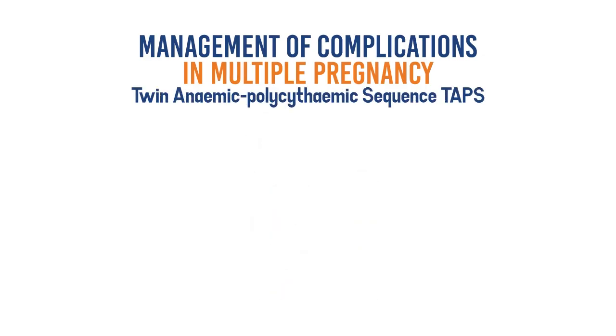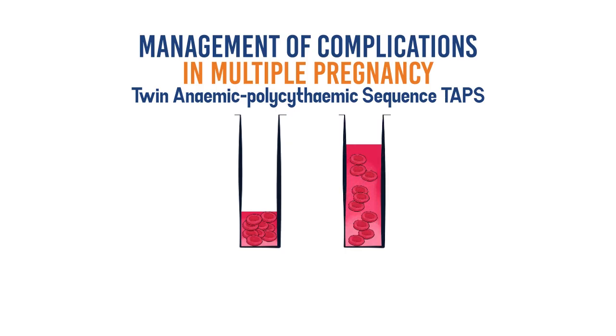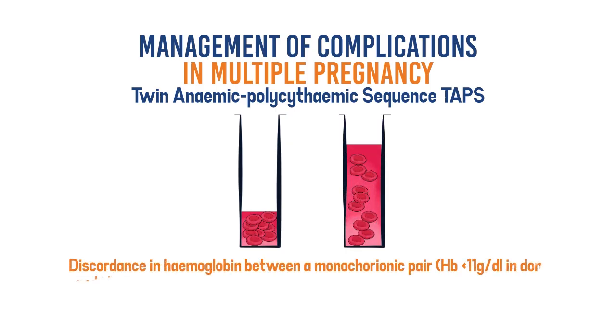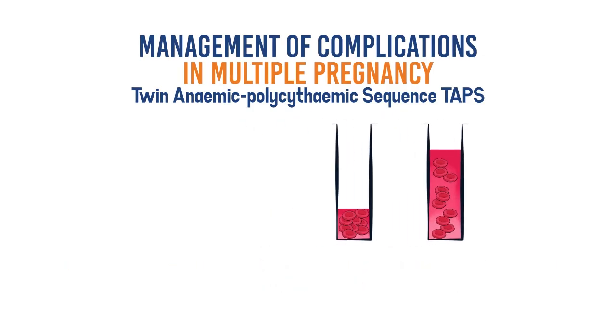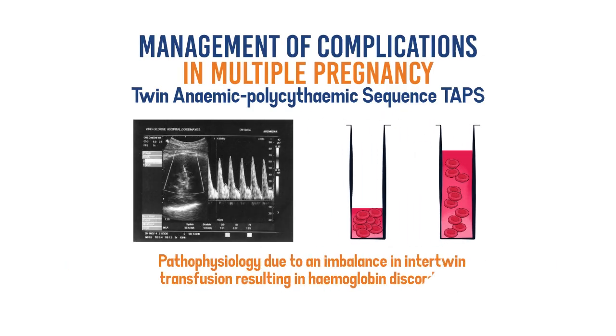Twin anemia polycythemia sequence. This condition is unique to monochorionic twins and refers to the discordance in hemoglobin between a monochorionic pair in the absence of amniotic fluid discordance. The pathophysiology is again due to an imbalance in intertwin transfusion, resulting in hemoglobin discordance. Diagnosis is made via MCA Dopplers, suggesting anemia and polycythemia respectively.